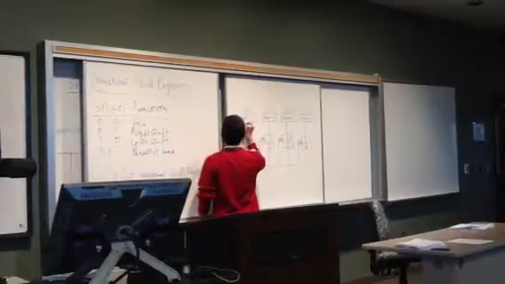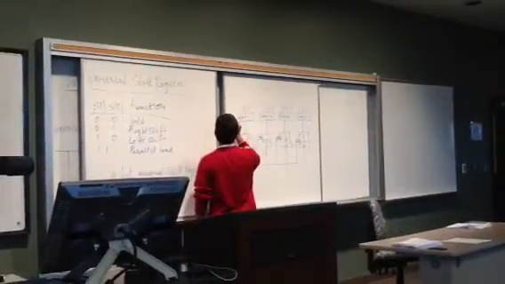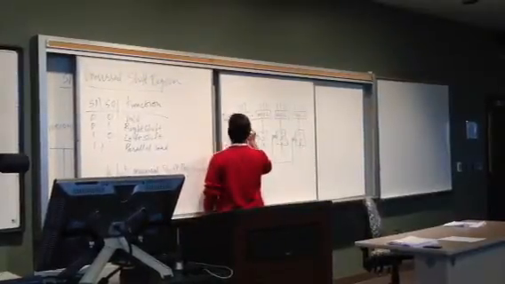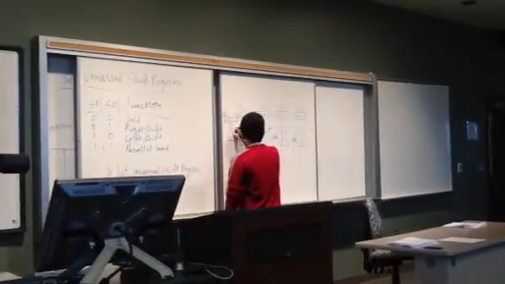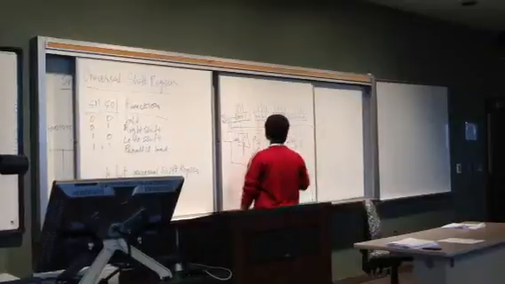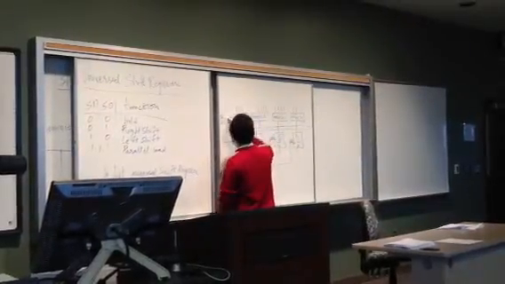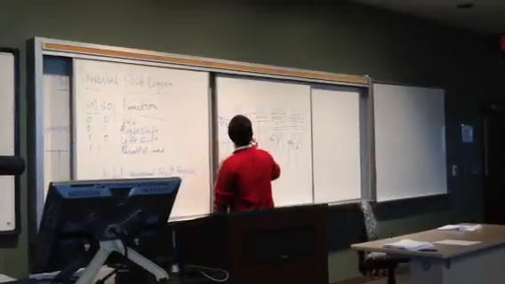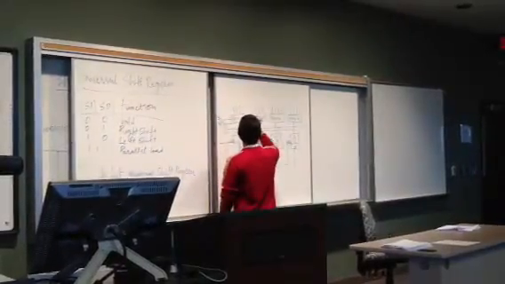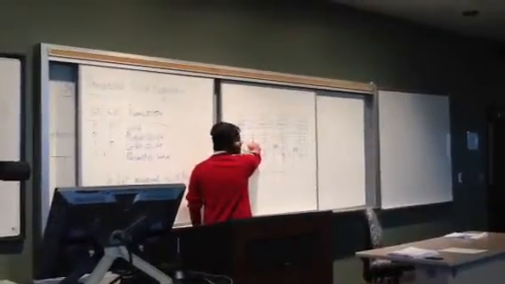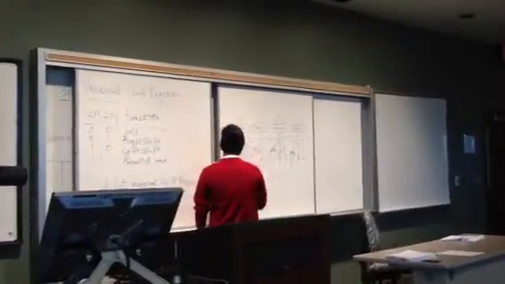So let's just say select line 1, select line 0. This implies that there's a connection. If you don't see a dot over there, that means there's no connection over there.